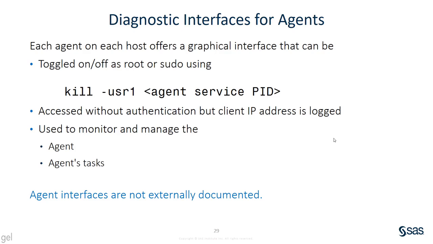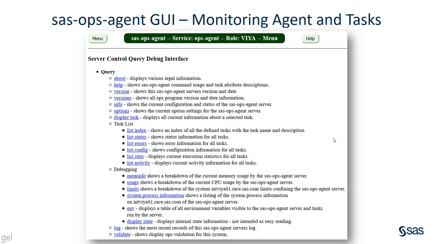There's a command there, the kill, with several options. I need the process ID of my agent, but that's about it. What that will do is surface a UI that I can use in my browser that will allow me to do things like manage the tasks.